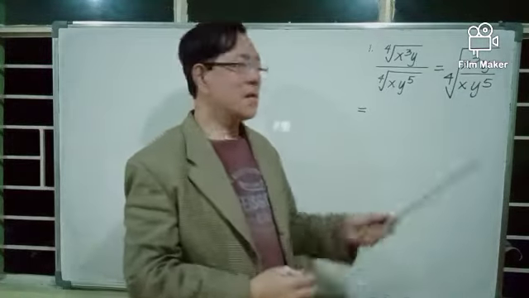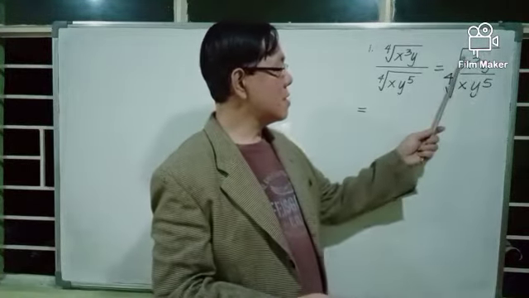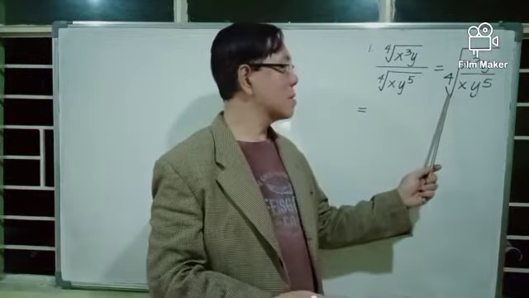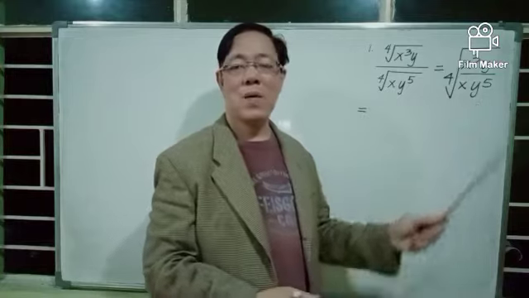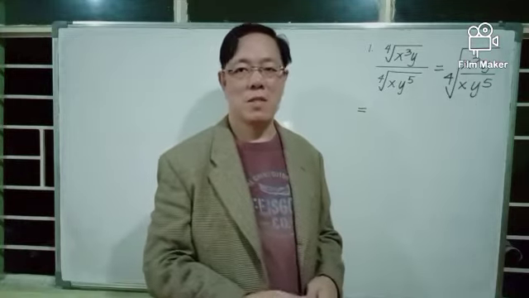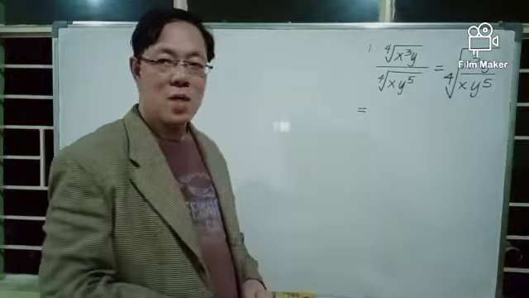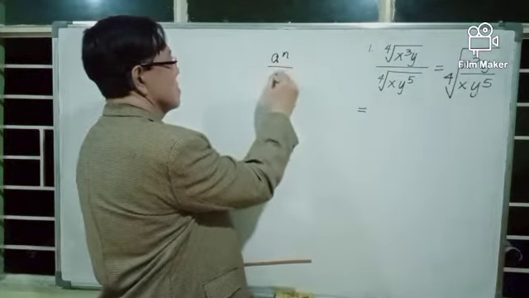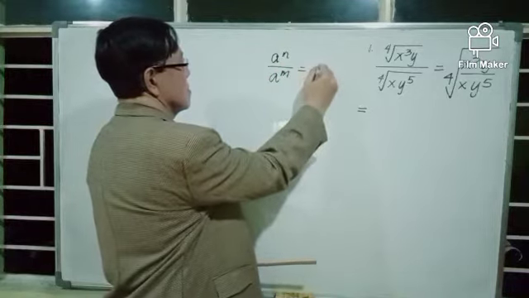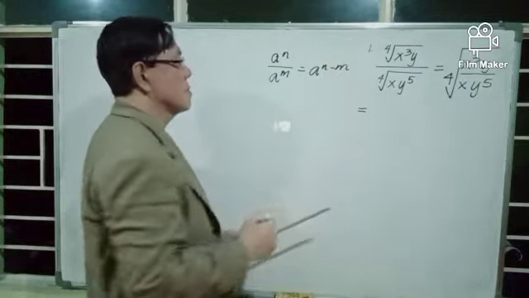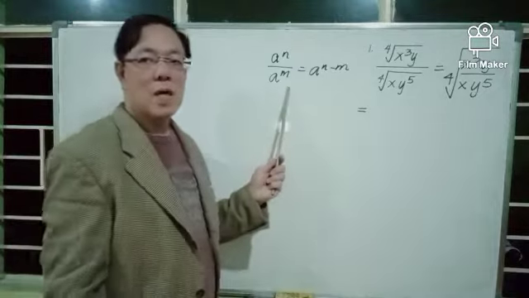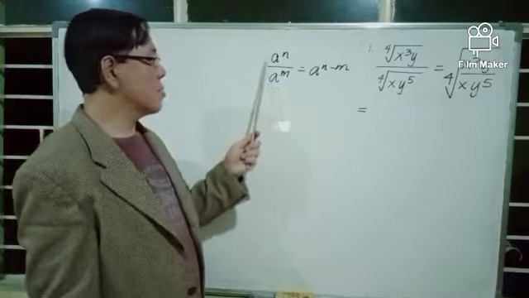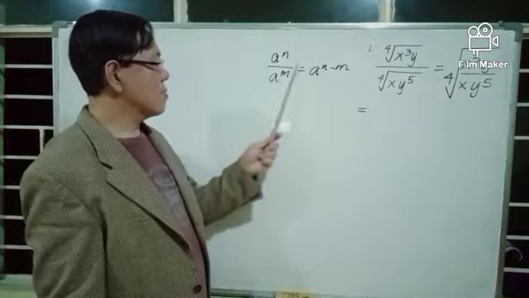To simplify the radicand, x cubed y divided by x times y raised to 5, we apply properties of exponents. And one property is: we have a ratio of exponential notations with common base a, and this can be simplified.